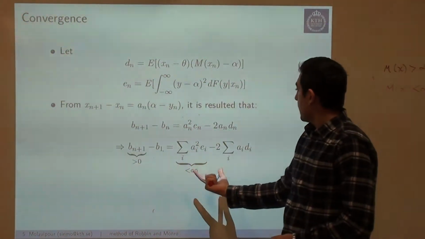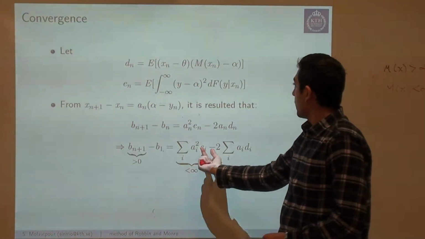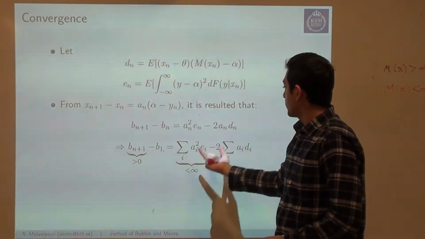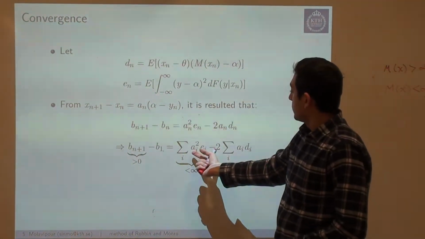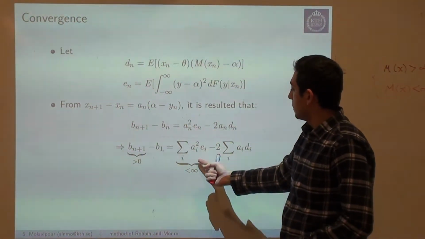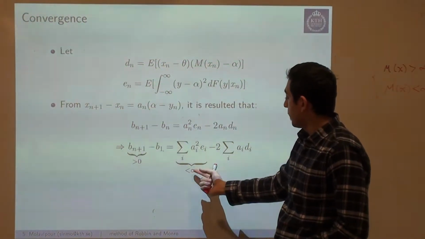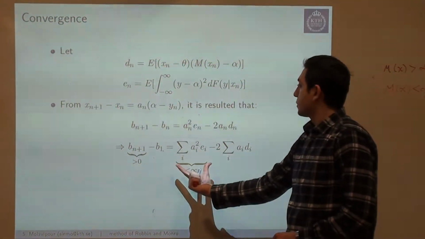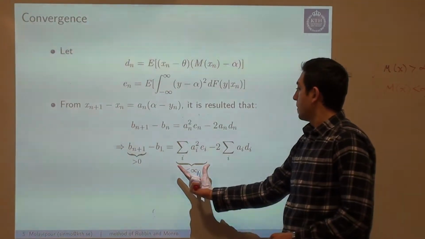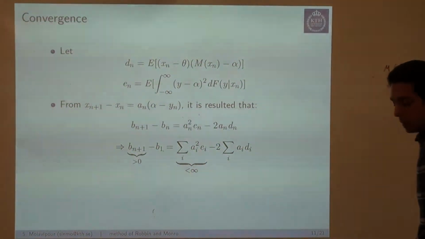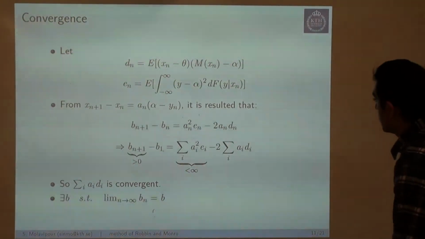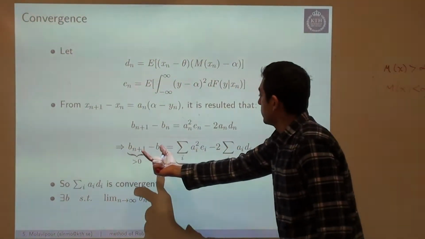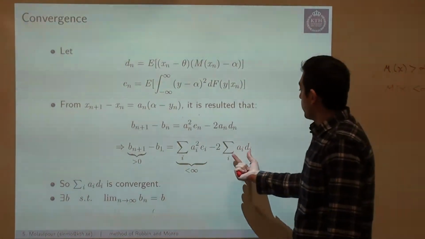And as I said, this en is obviously a positive term. Also since the sum of an squared was assumed to be a finite value, this summation is also finite. And then it results that, if you take this to the other side, this sequence is also a finite value.